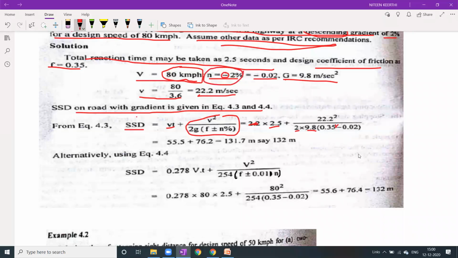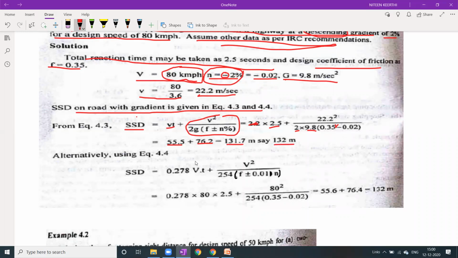So we get 55.5 meter as the lag distance plus 76.2 as the braking distance. If you're getting confused, you can do lag distance and braking distance separately and add. That will be the stopping sight distance. So the total stopping sight distance is 131.7, or approximately 132 meters.